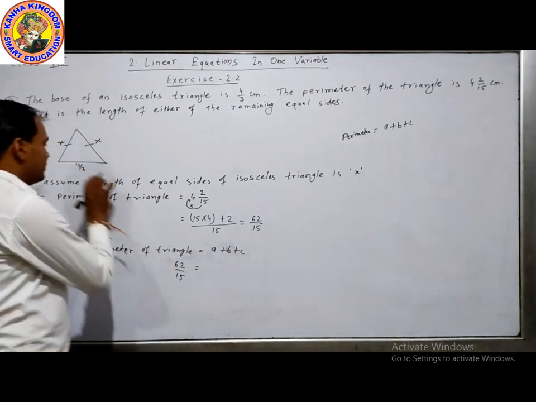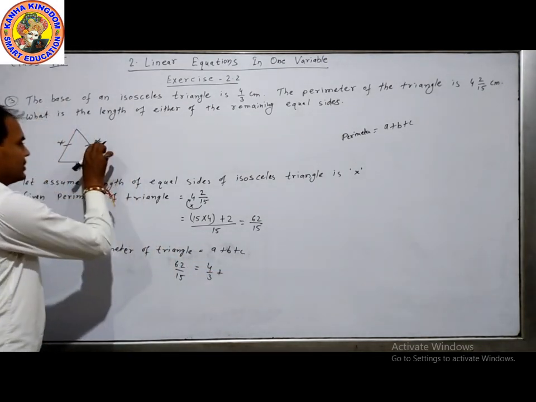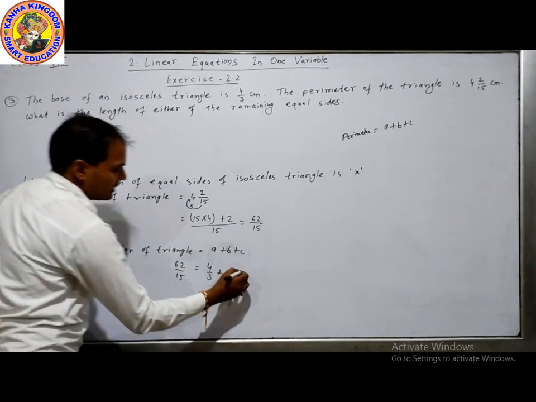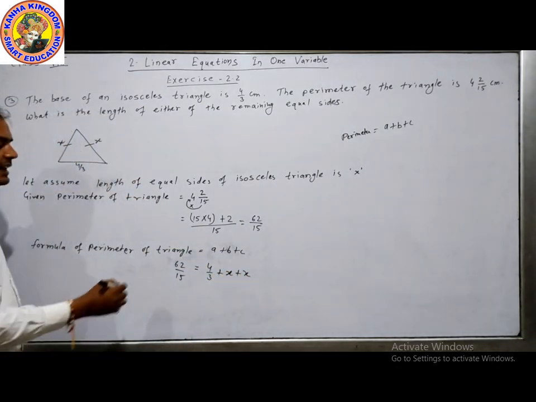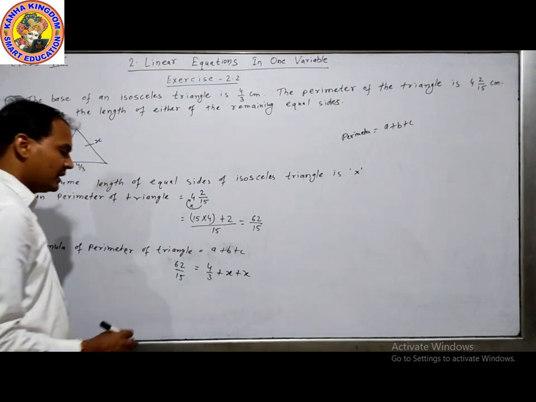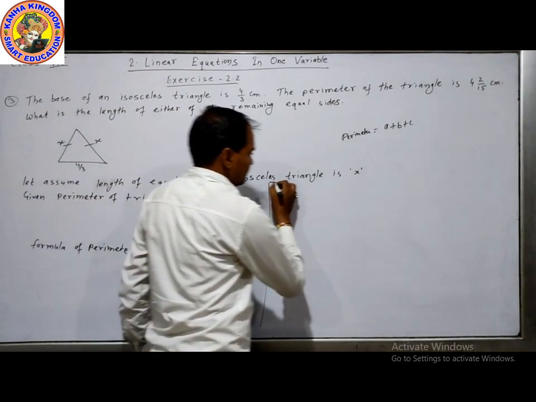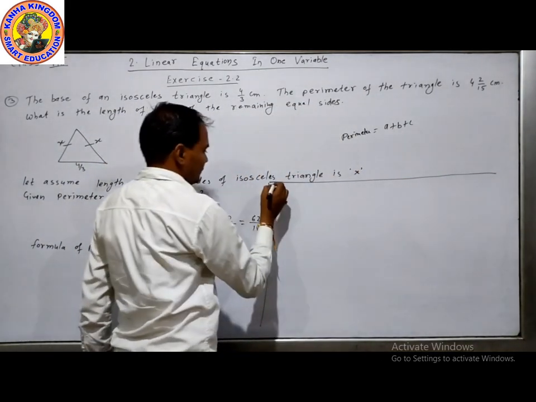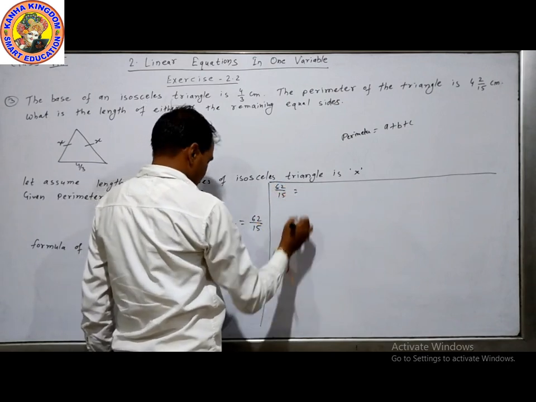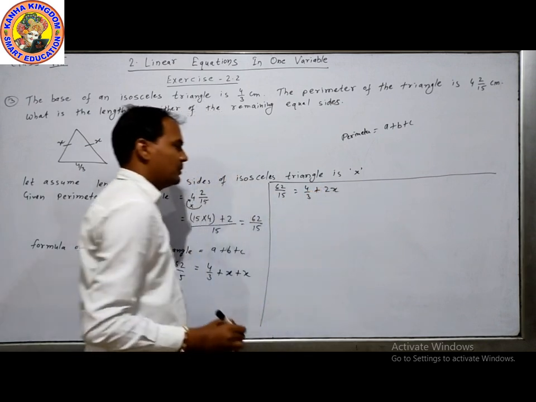Three sides: first side 4/3 plus second side x plus third side x. We can add x plus x, 1 time x and 1 time x, 2 times x. Now 4/3 plus x plus x is 2x.